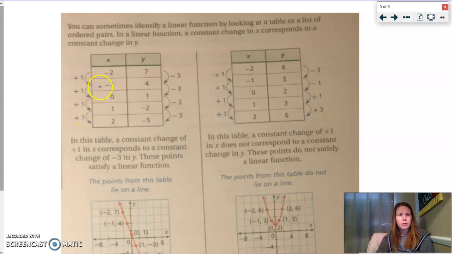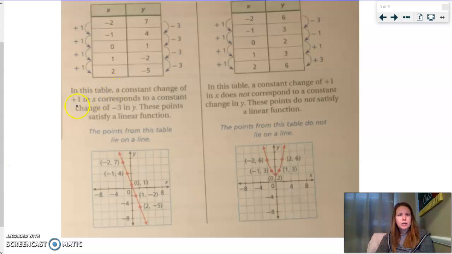So -2 plus 1 is -1. Over on the y side, as they go down the list, it's subtracting 3 each time. It says in this table, a constant rate of change of +1 in x to a constant rate of change of -3 in y, these points satisfy a linear equation. So because they are consistent, I can call this a linear function. And if I were to graph it out, it would look something like this.